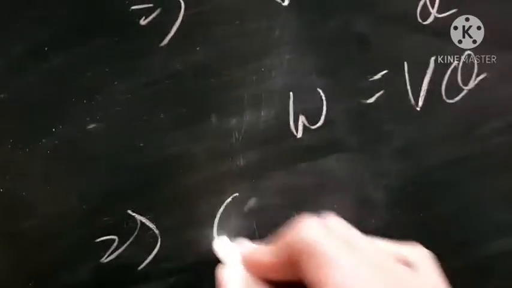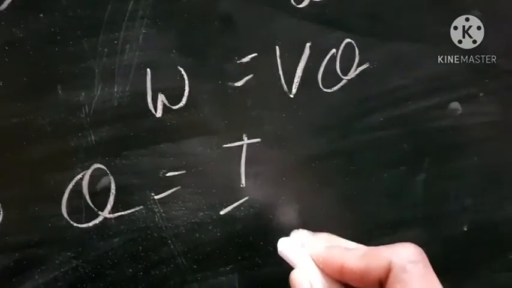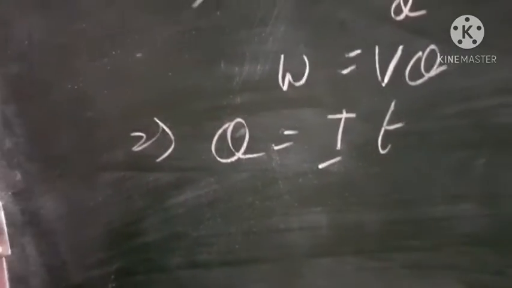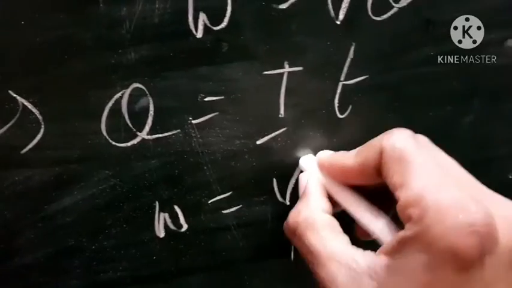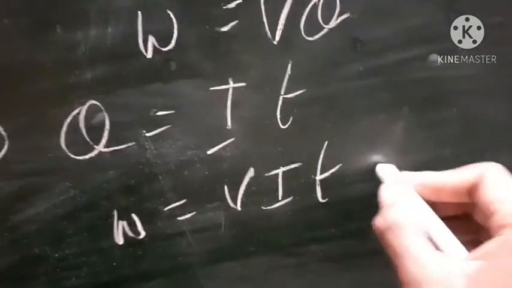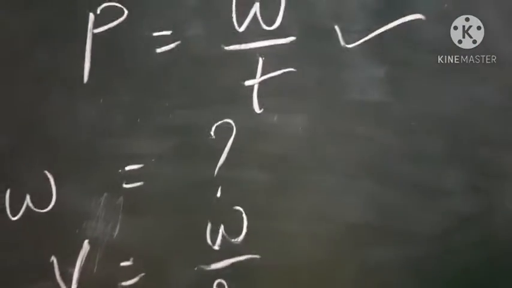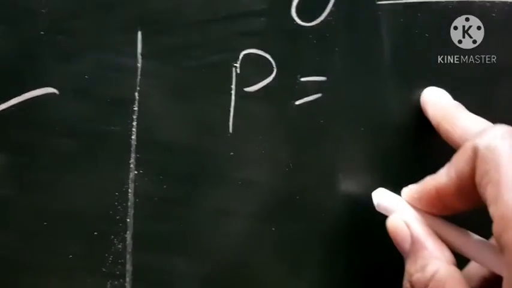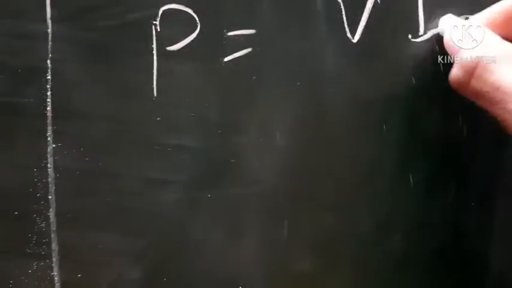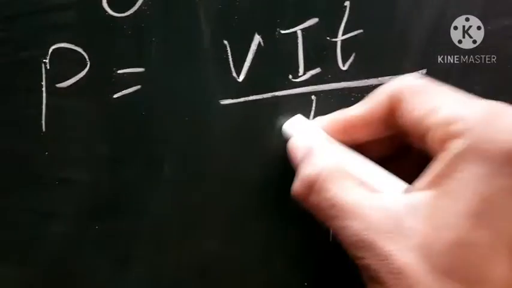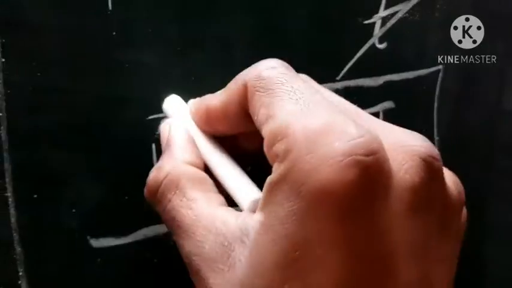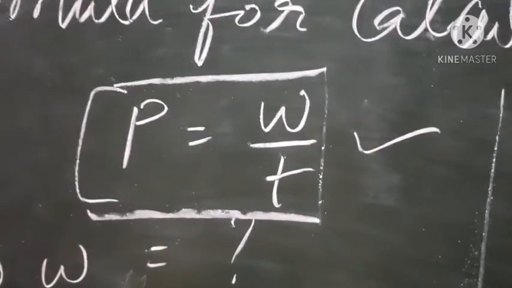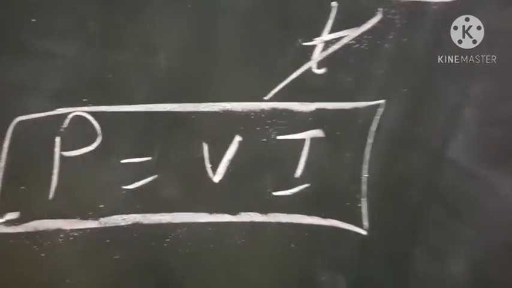And charge is equal to the product of current and time, that means Q is equal to I T, you have studied this. So work done is equal to V into Q, and Q is equal to I T. So work done will be equal to V I T. On putting this value in this equation, power is equal to work done upon time, that is V I T divided by time T. Now T will cancel out and the power will be equal to V into I. So this is the second formula of power, and the first formula of power is work done by time.